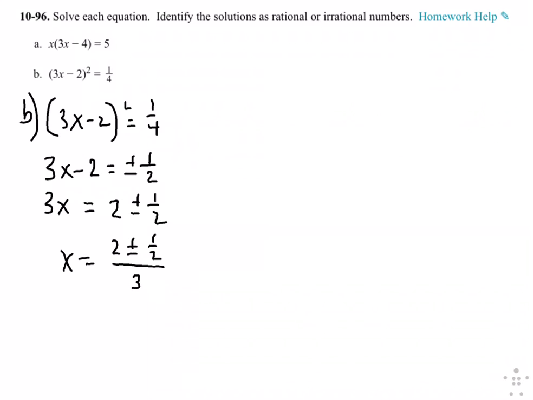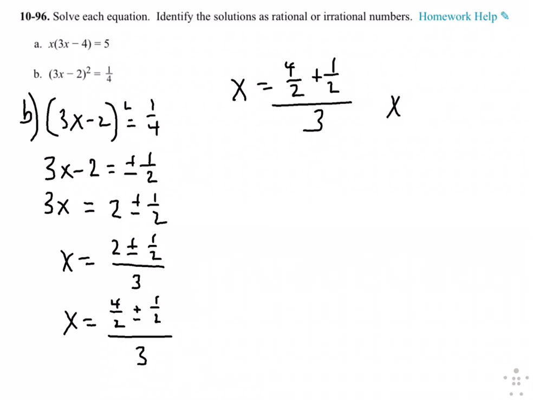So 2 is 4 halves, right? So I get x equals 4 halves plus or minus 1/2 all over 3. So the first solution is x equals 4 halves plus 1/2 over 3. And the second one is x equals 4 halves minus 1/2 over 3.